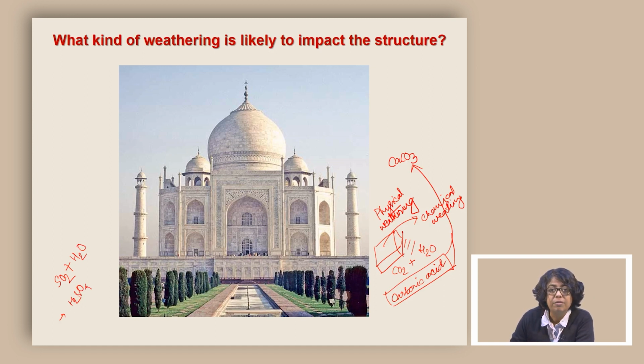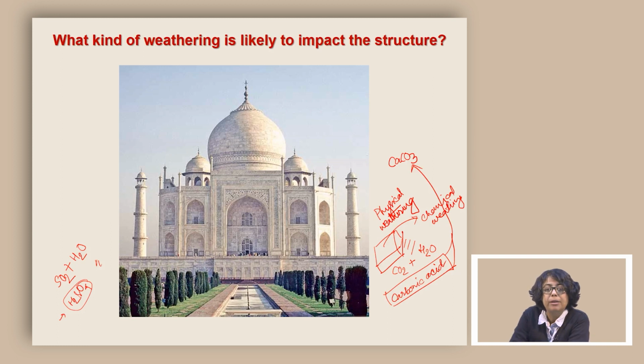And this sulfuric acid can corrode things much faster. So, when it eventually rains, it brings down a more dilute sulfuric acid, which is why it is also called acid rain.